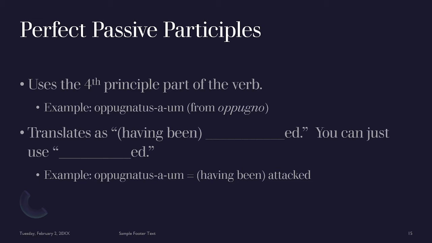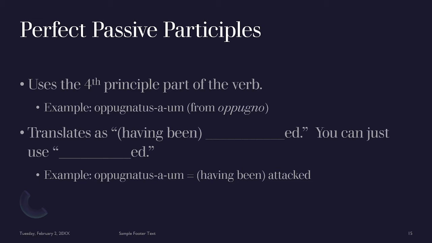That's perfectly fine. Now, we do need to be careful because we also know that this fourth principal part does help form perfect passive verbs. In fact, that's why it helps form perfect passive verbs, because it's a perfect passive form in and of itself. It also can form perfect passive infinitives.